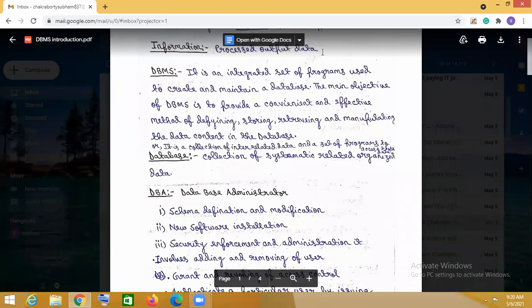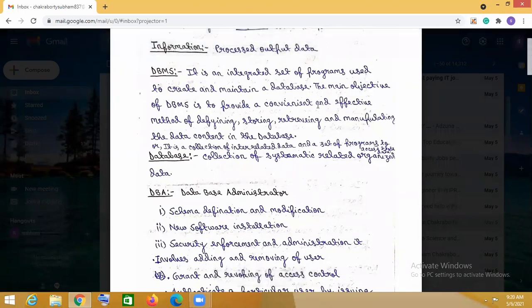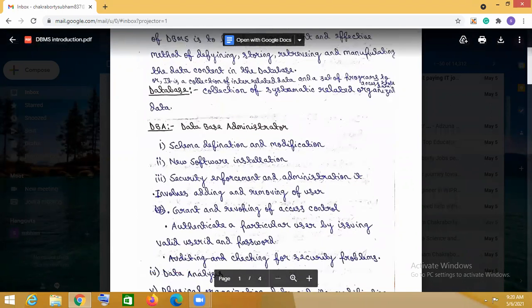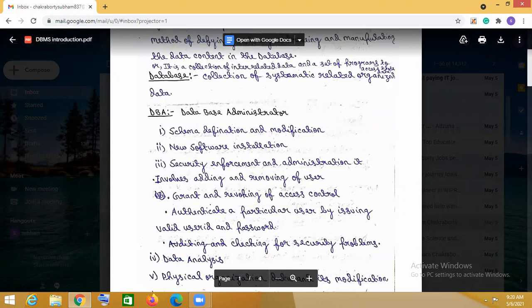Otherwise, it shows invalid user ID and password. So this is mainly authenticating a particular user by issuing a valid user ID and password, and it is also used for checking some security problems.